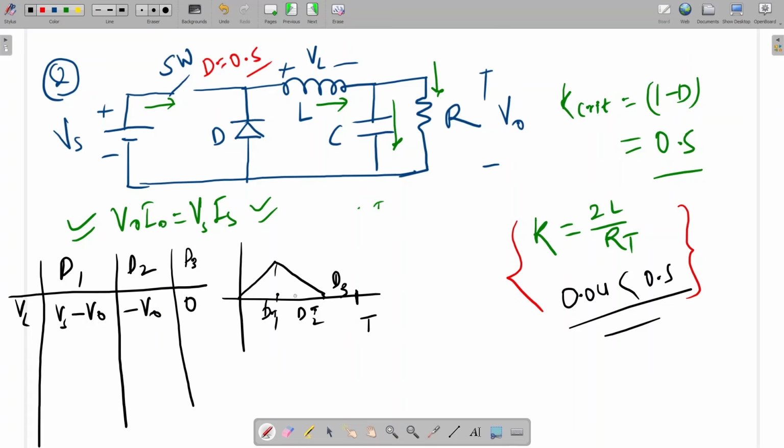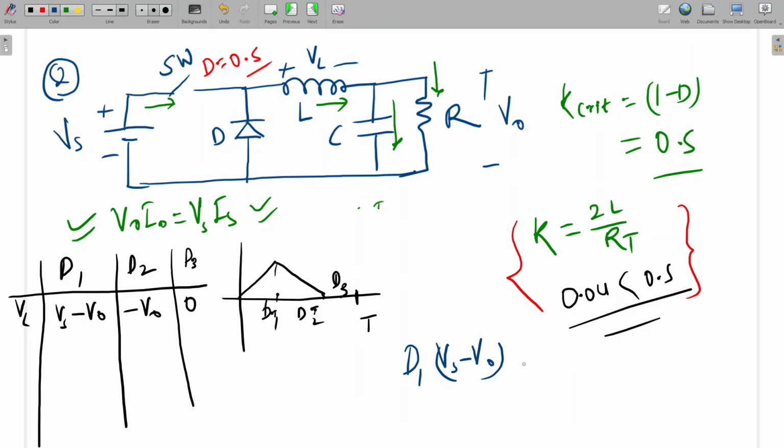Here we can apply the volt second balance. So D1 into Vs minus V0 plus D2 into minus V0 should be equal to 0.